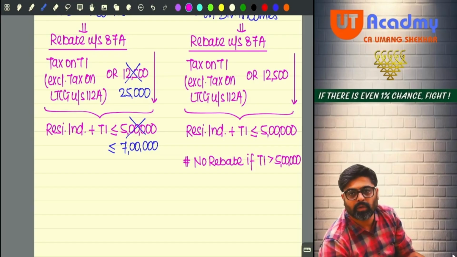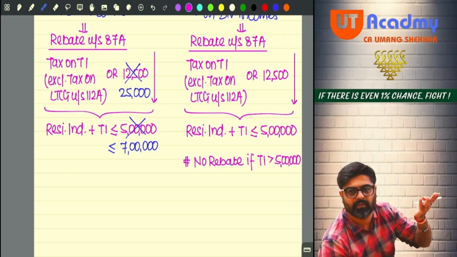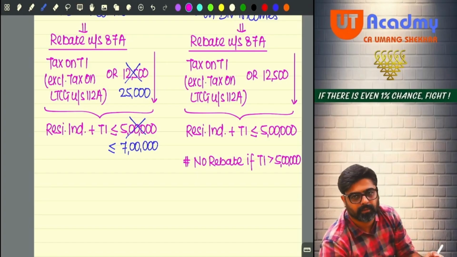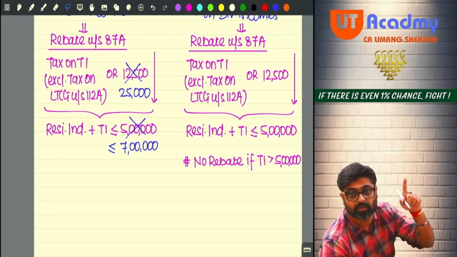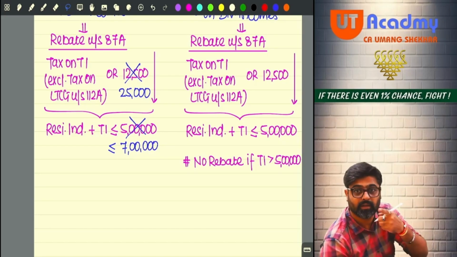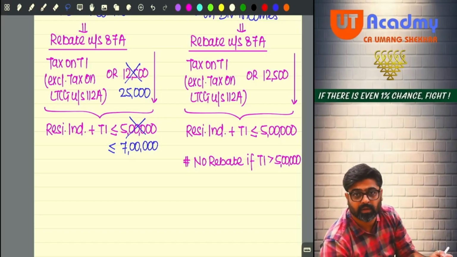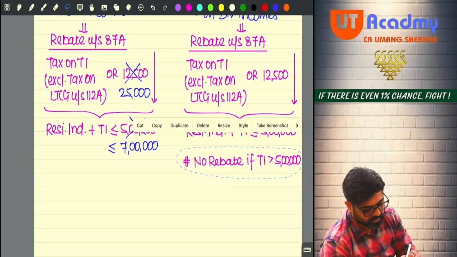The moment your total income becomes more than 5 lakhs, meaning even 5 lakh 1,000, you are not going to get any rebate. If you shift out, first the total income limit will be less, the amount of rebate will also be less, and the moment your total income is more than 5 lakhs, we are not going to give you any rebate. Okay?